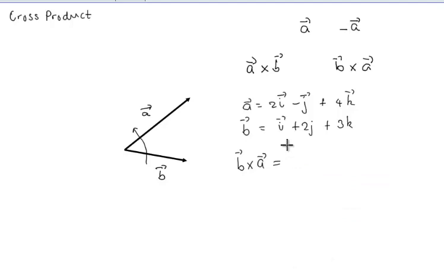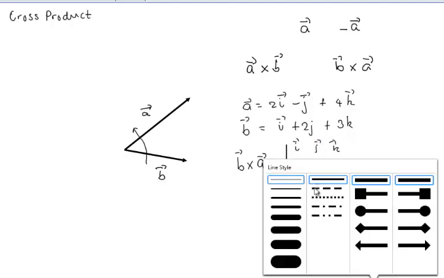Okay. Let's see. Okay. Let me leave it like that. Then we put here unit vectors i, j, and k. Those are unit vectors.